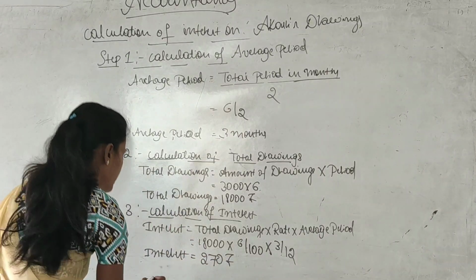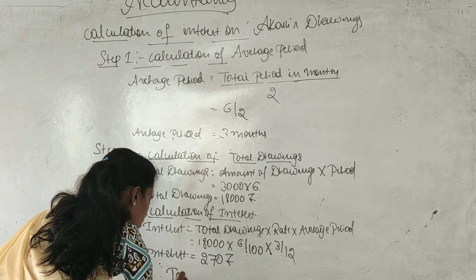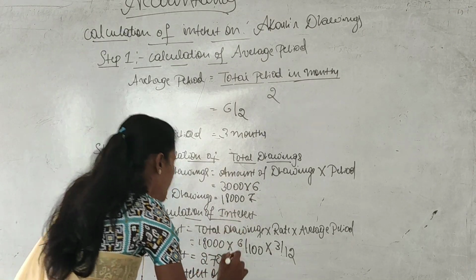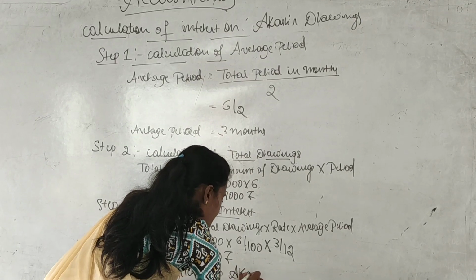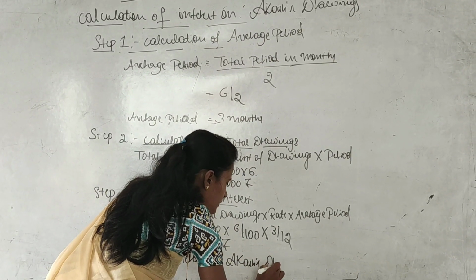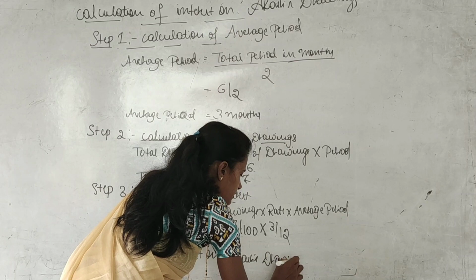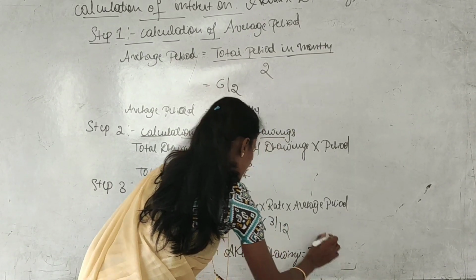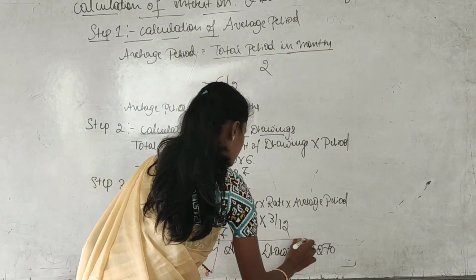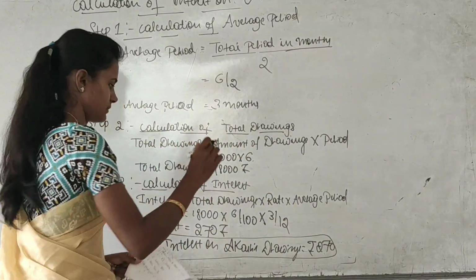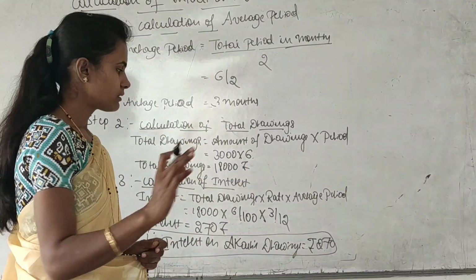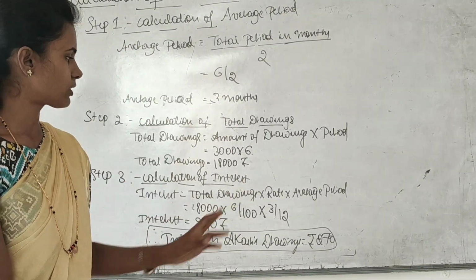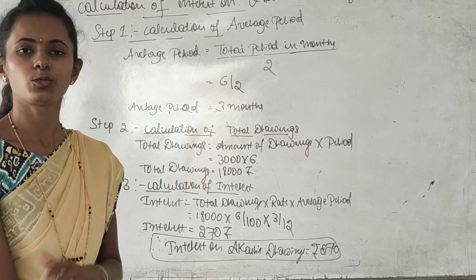So in the last line I am writing: interest on Akash's drawings is rupees 270. This is our total interest on drawings.